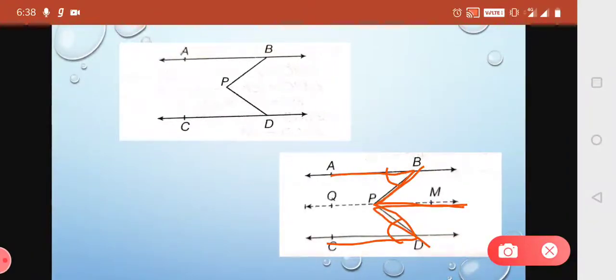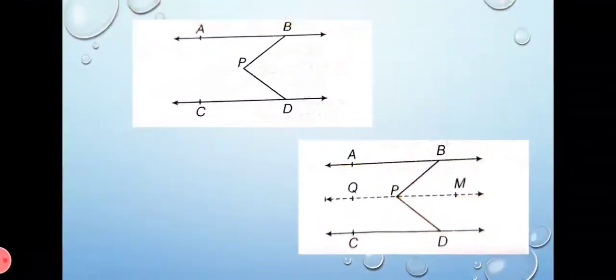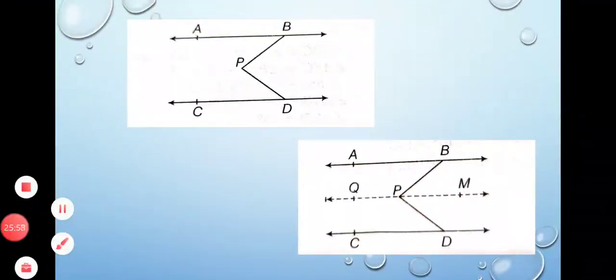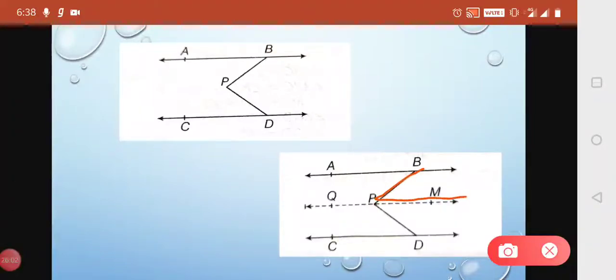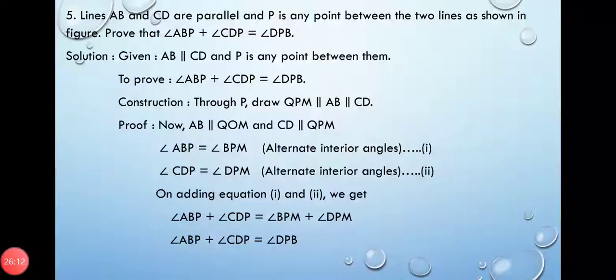Now when we add angle BPM plus angle DPM, we get the whole angle, that is angle DPB. Therefore we write angle ABP plus angle CDP equal to angle DPB. Hence proved.